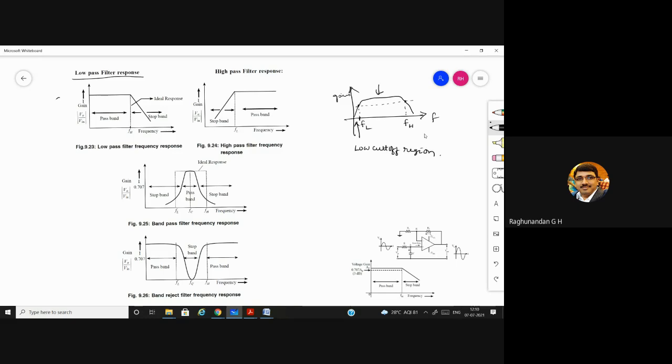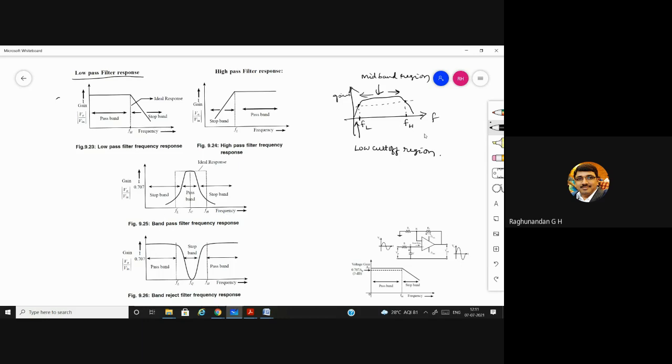The region between the lower cutoff and the upper or higher cutoff is known as the mid band region.